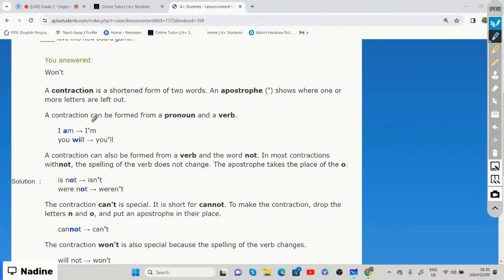So now, if we look at the word, let's say, is not, we already said that the O we leave out, and the O is also in a different color. So we leave that out and we put an apostrophe in its place.